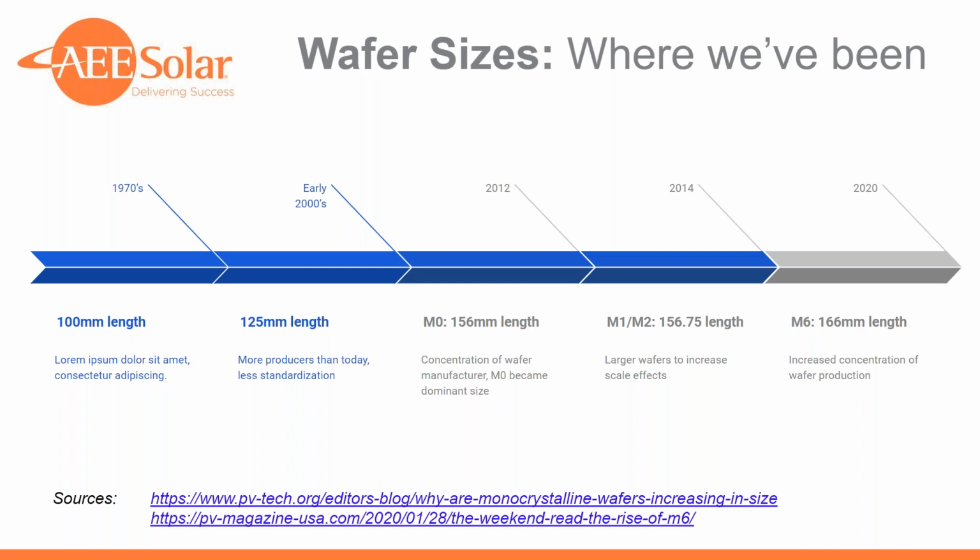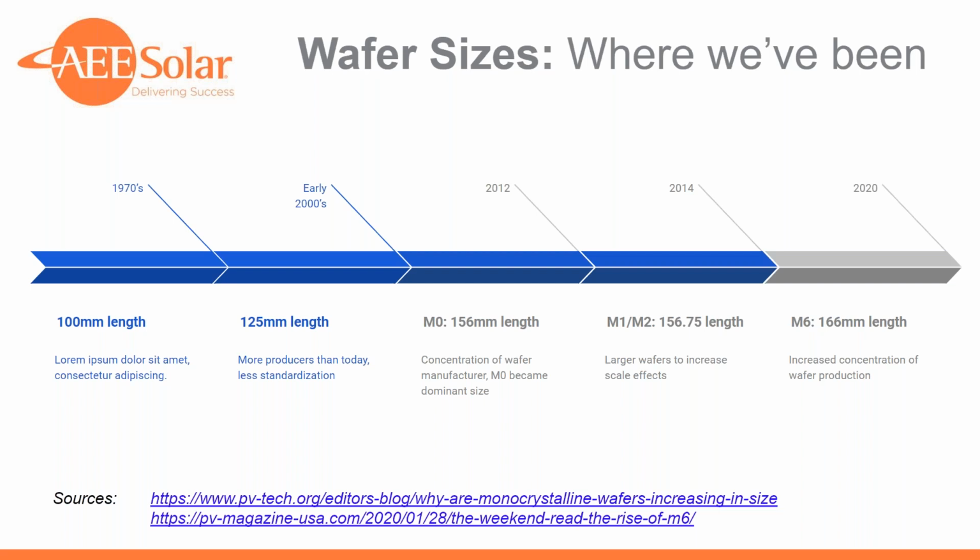In the early 2000s, we saw a little bit more standardization around a 125 millimeter wafer size. Fast forward to 2012, and the M0 format became popular. As a function of concentration of wafer manufacturing, there's fewer and fewer wafer fab manufacturers anymore, and they've become more and more consistent in wafer sizing. Some of this has to do with the technology behind how the silicon is grown.